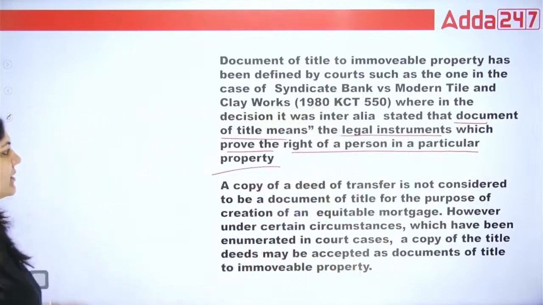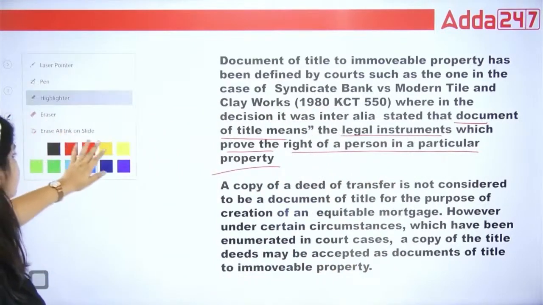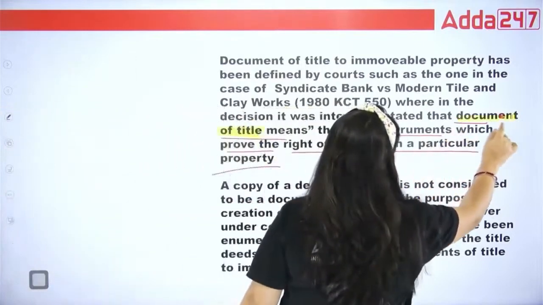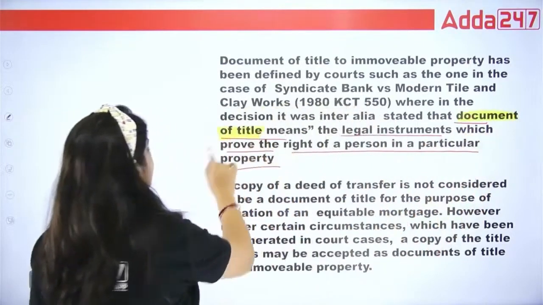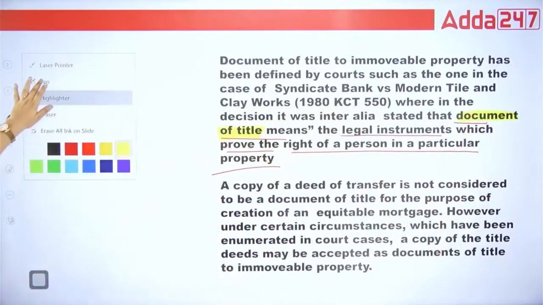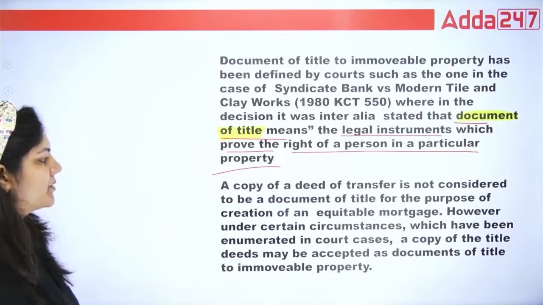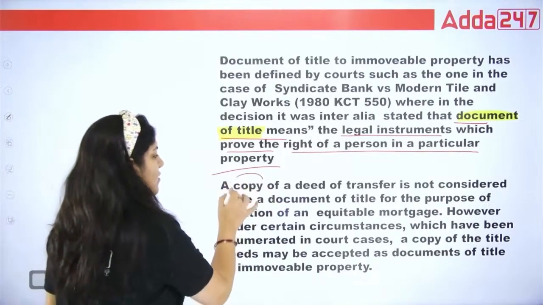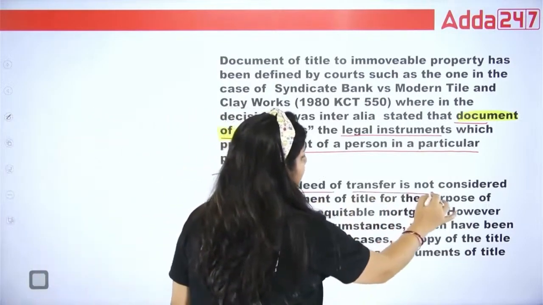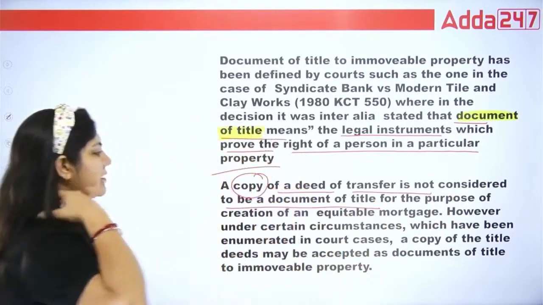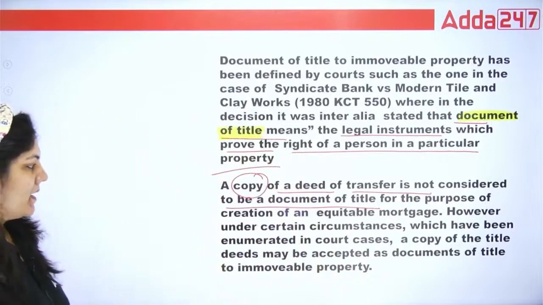This is called the document of title. A copy of a deed of transfer is not considered to be the document of title for the purpose of creation of an equitable mortgage. Okay.